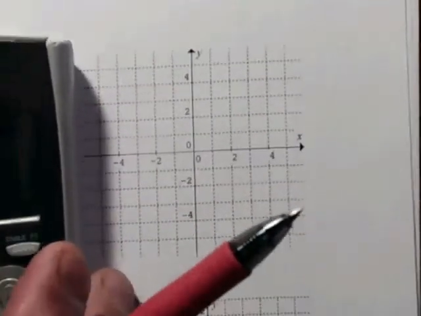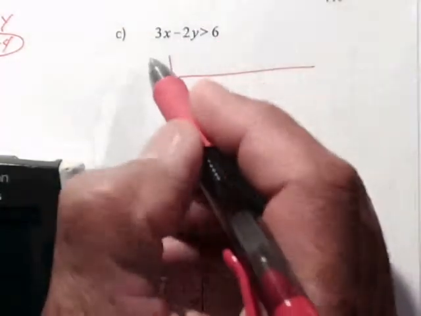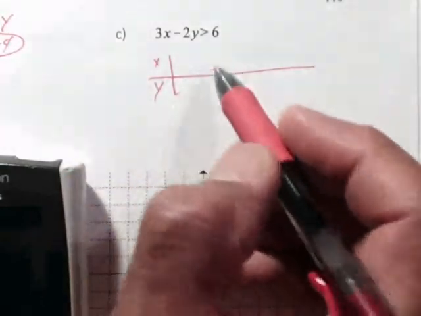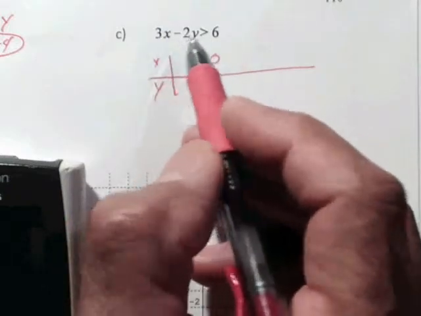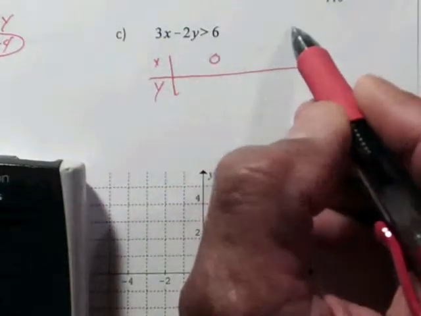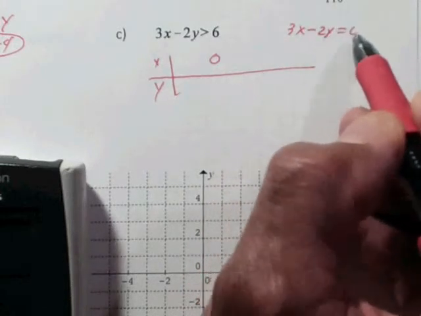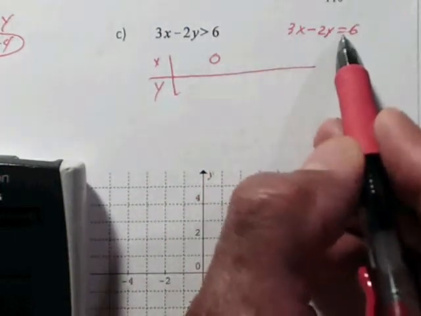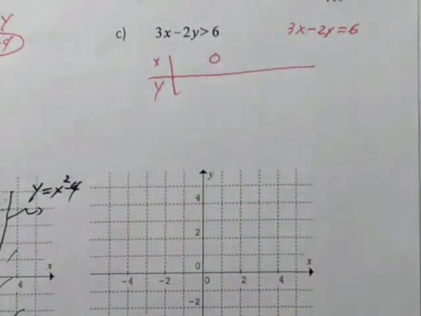I just started it like this. Put x and y in this table and try some easy numbers for x, like 0. I'm looking at equality, so let's put 3x minus 2y equal to 6 for a second and draw this line. Always put this to the equal and draw the line. This is without a calculator.